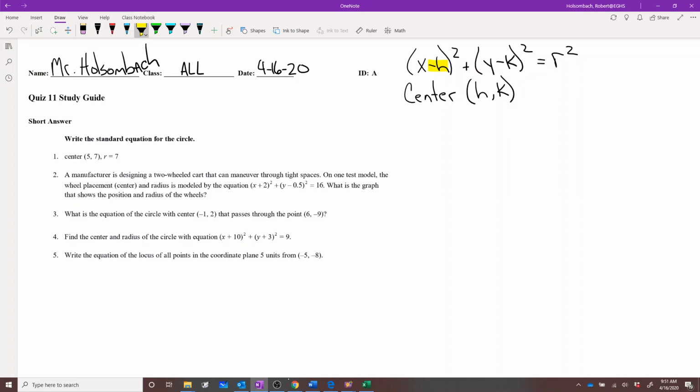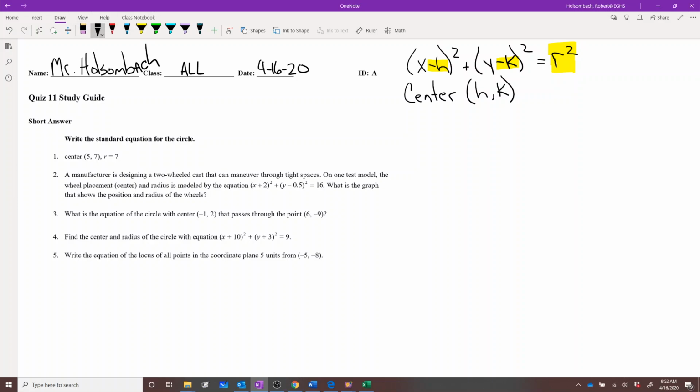And the y value at the center is the opposite of whatever's sitting right there in the equation. The radius is equal to the square root of whatever's to the right of the equal sign. So the square root of whatever's out here is equal to the radius of the circle.